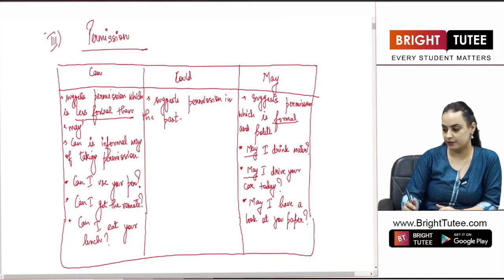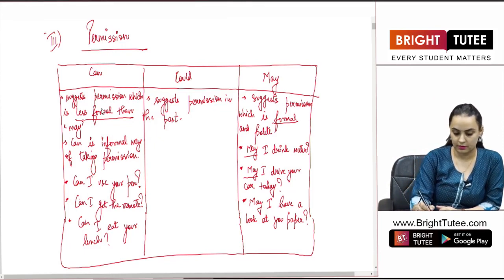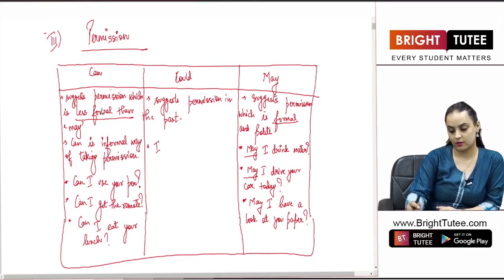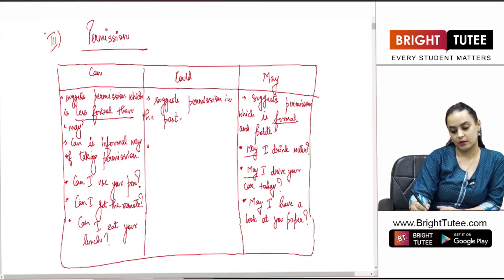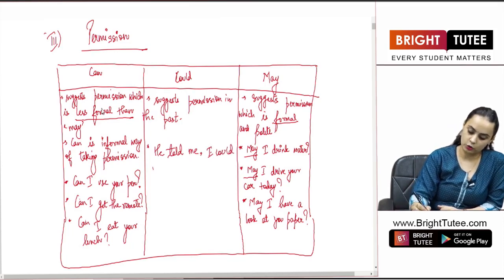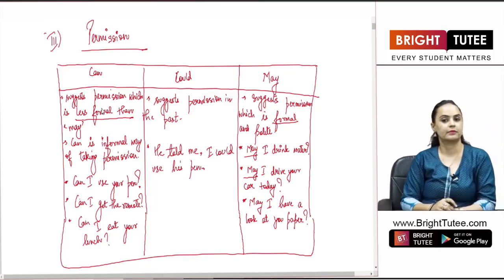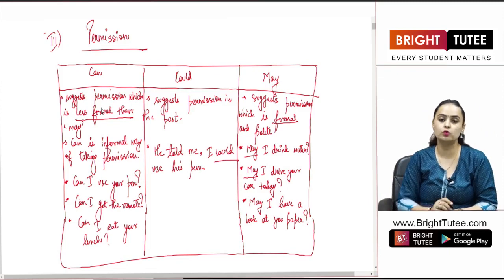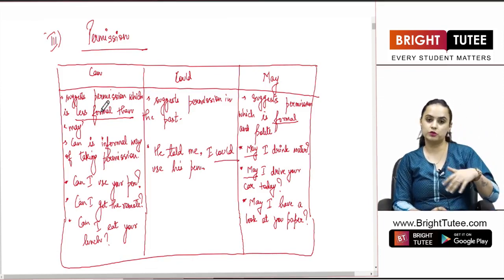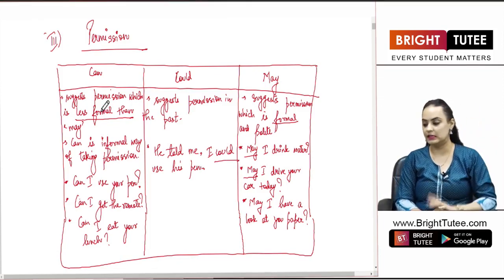For example, if I say, he told me I could use his pen. So he had given me the permission that I could use his pen. The permission to use his pen was given in the past.